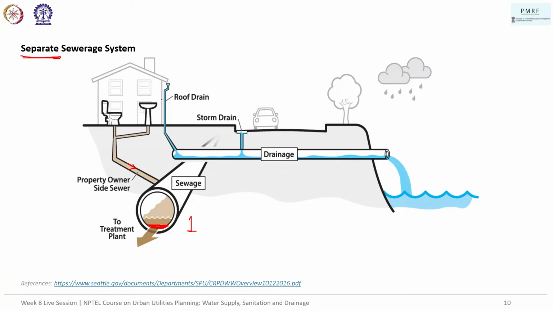Especially in areas where the water supply is low. If you remember from the lectures, the amount of waste generated, especially sewage, is dependent on how much water supply happens to the house, right? So in areas where water supply is quite less, the separate sewerage system suffers from siltation, right?